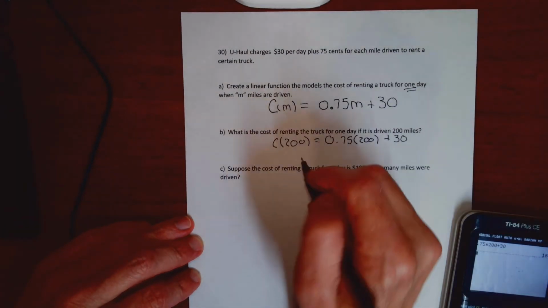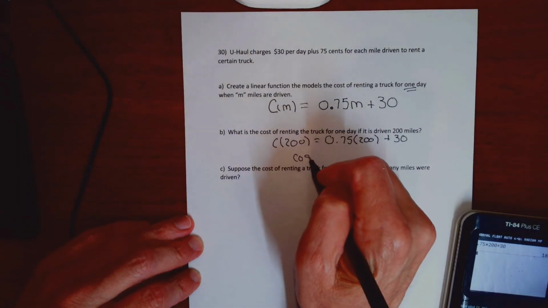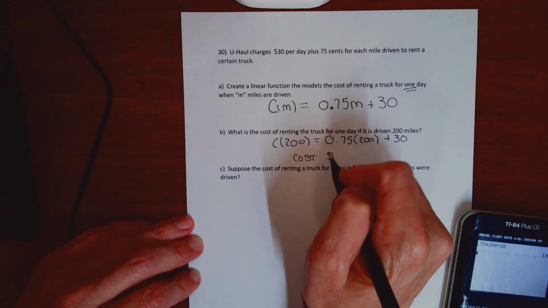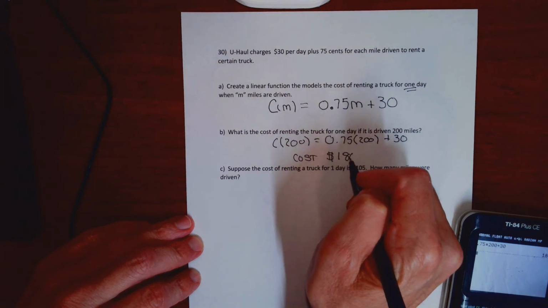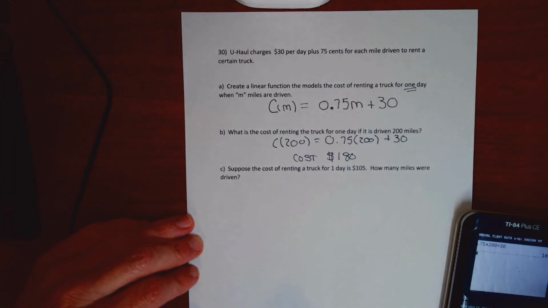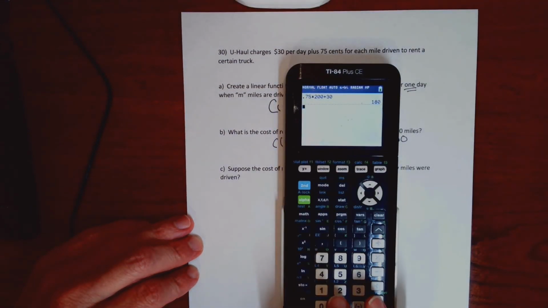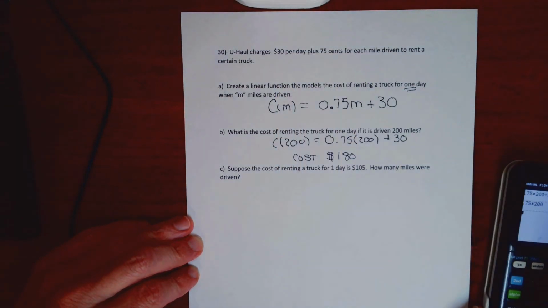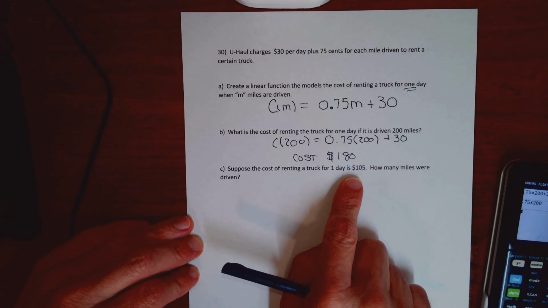So it would cost $180 if you're paying 75 cents a mile, which is huge because the 75 cents a mile times 200 miles is 150 bucks.